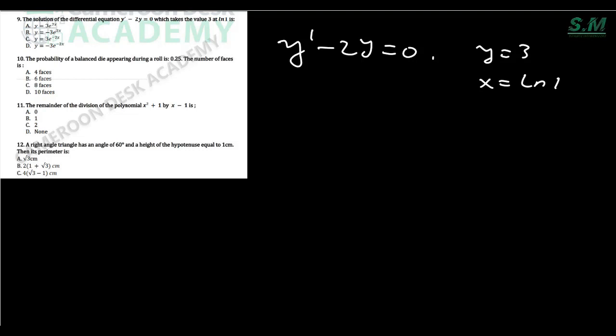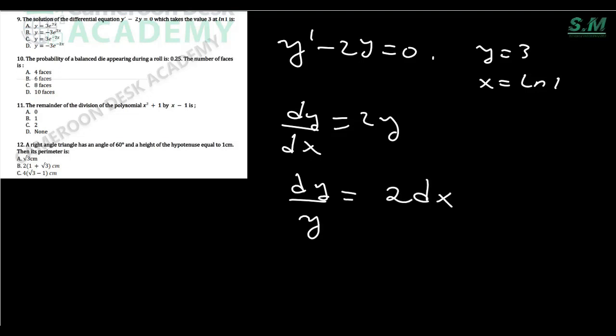So this equation, y prime can be written as dy divided by dx, which is equal to 2y. So we can separate variables, so we get dy divided by y is equal to 2 times dx. So we integrate both sides. The integral of dy over y will give us the natural logarithm of y, equal to 2x plus a constant of integration c.